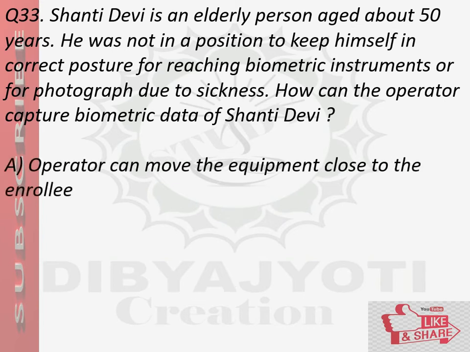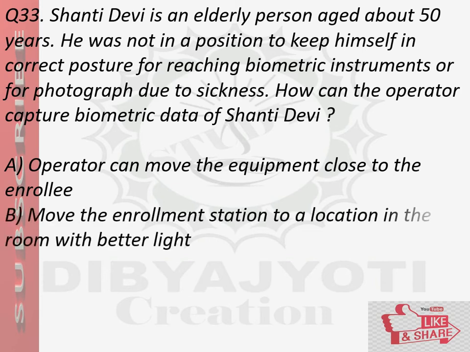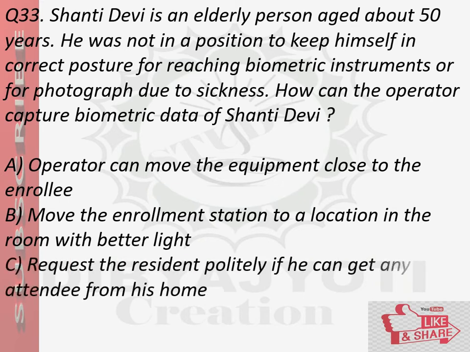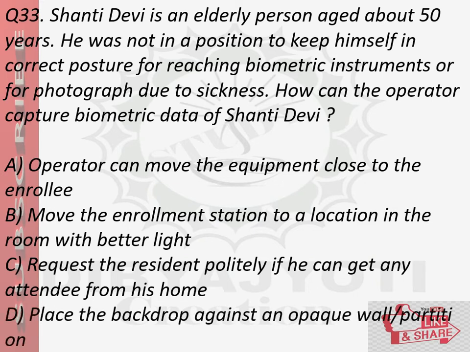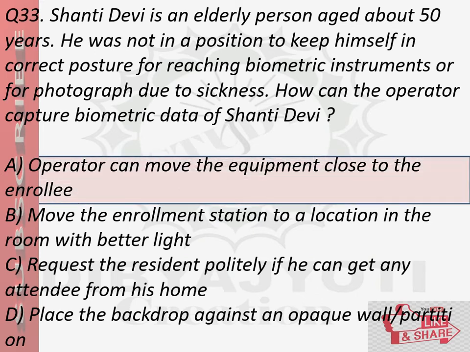Operator can move the equipment close to the enrollee, move the enrollment station to a location in the room with better light, request the resident politely if he can get any attendee from his home, place the backdrop against an opaque wall or person. And the answer is operator can move the equipment close to the enrollee.